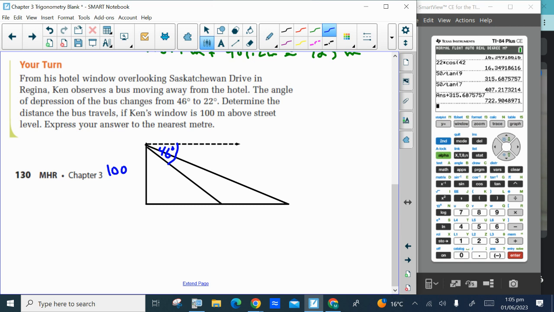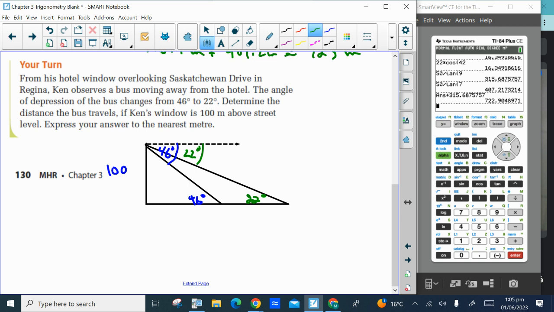And remember, the angle of elevation from the bus up to the window at that point will be the same, which again, we need angles inside the triangle. The second angle of depression, as the bus has moved further away from the hotel, is 22 degrees. And that will equal the angle of elevation from the bus at that point up to Ken's window.